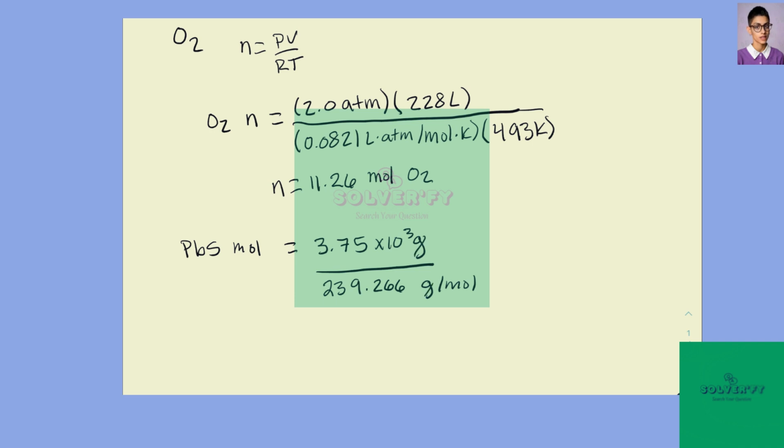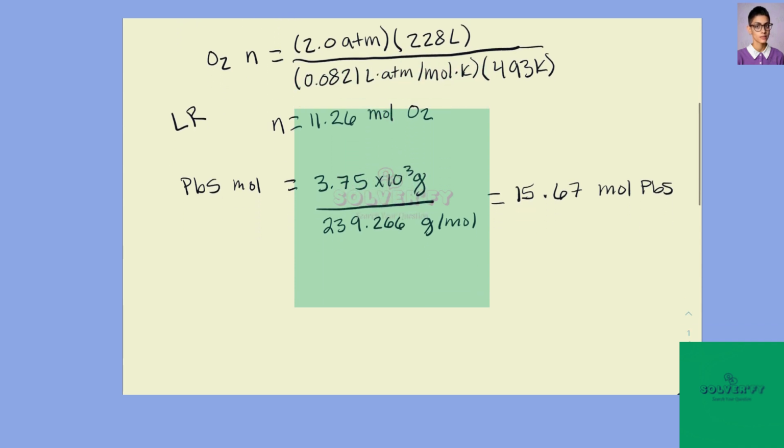So grams are going to cancel out to give us the moles. And this is going to equal 15.67 moles of PbS. So when we look at the moles of PbS and the moles of oxygen, we see that O2 is our limiting reagent. I'll abbreviate that LR.